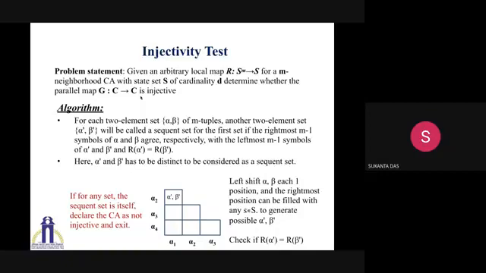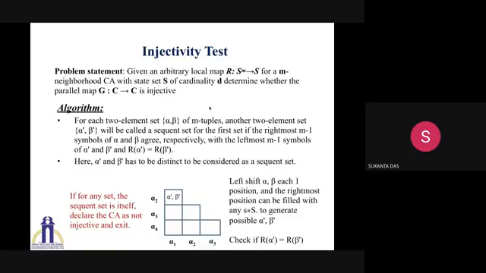For the first one, alpha beta, I'm calling it the sequence set. How can I get this alpha dash and beta dash? Some condition is there. Actually, by shifting one bit of alpha as well as beta, I am getting alpha dash and beta dash.